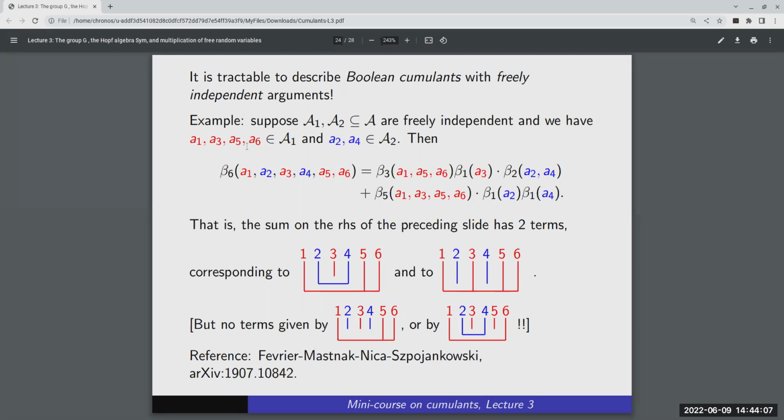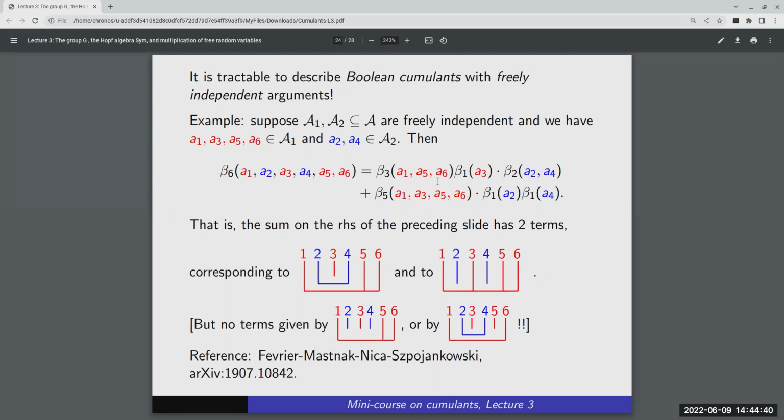Say there are some red variables from a subalgebra A1 and blue variables from a subalgebra A2, where A1 is free from A2, and then you have a mixed Boolean cumulant with red and blue. Then you know how to write it as a product of red stuff times a product of blue stuff. It's again an interesting thing because you use non-crossing partitions, even though it's Boolean cumulants, which seem to live in a different world.